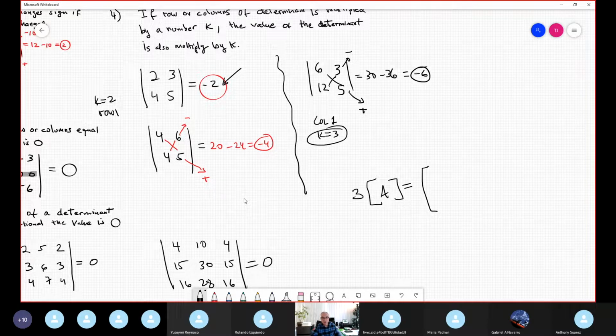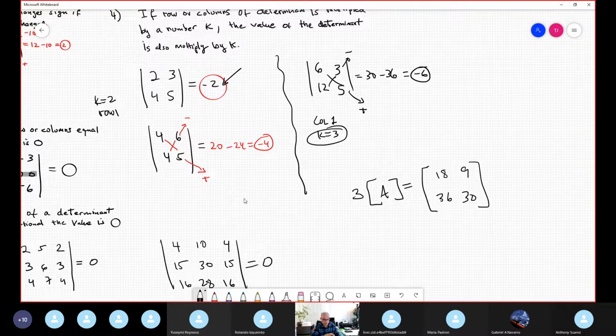Suppose this is not a determinant, it's a matrix: you multiply by 3 and get 18, 9, 36, and 30. In a determinant it is different: you manipulate by column or by row. You multiply only one row or column by a specific number, and the value of the determinant is multiplied by that number. This is property number 4.